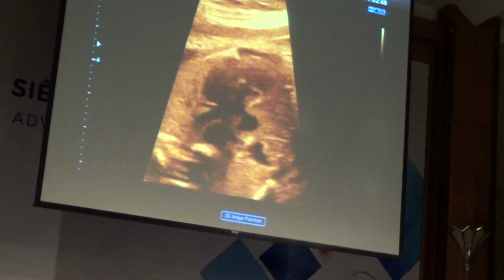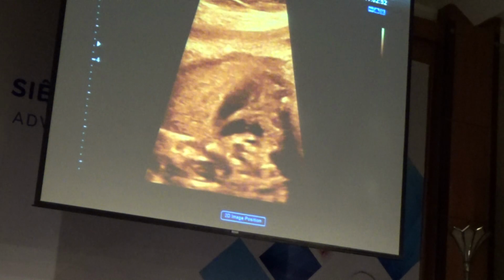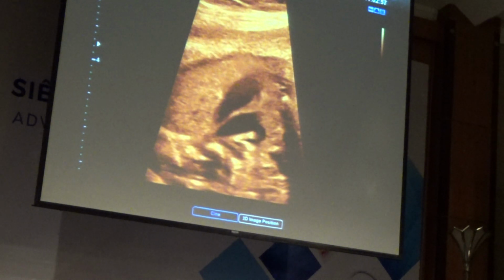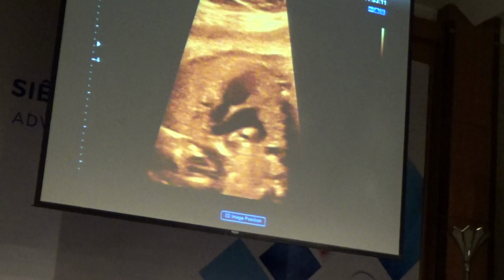Now I'm doing the sweep to the 3-vessel view. So here's the PA, pulmonary artery, the aorta, trachea, SVC. So you could see it's a left arch.